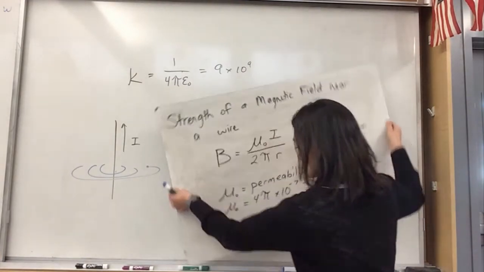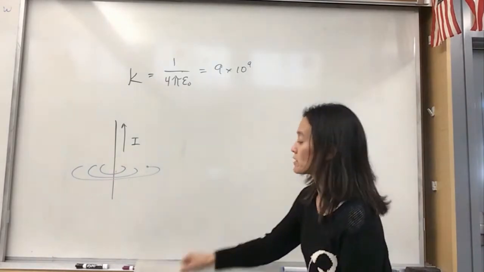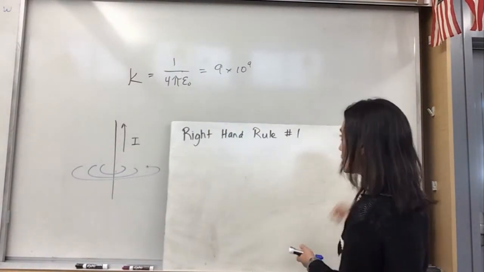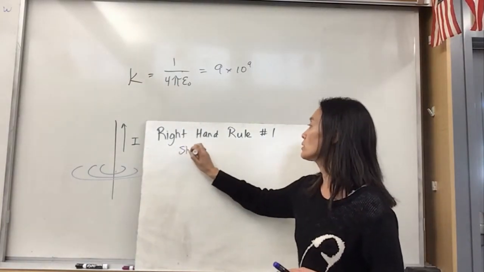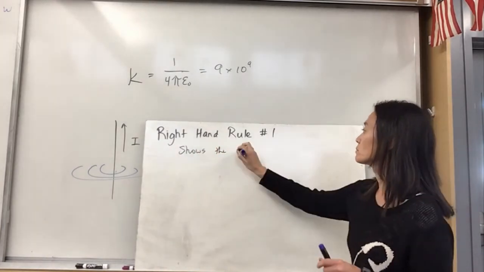There is a common way of describing the direction of the magnetic field around a wire, and it's called the right-hand rule. There are actually two right-hand rules in physics. This is going to be right-hand rule number 1, and it shows the direction of the magnetic field around a wire.